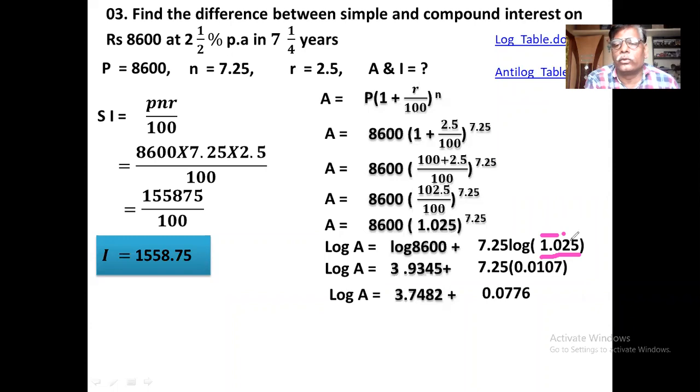The next number is 2, and the third number is 5. 10, 2, 5 you see in the logarithm table.